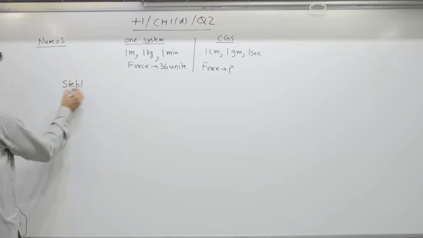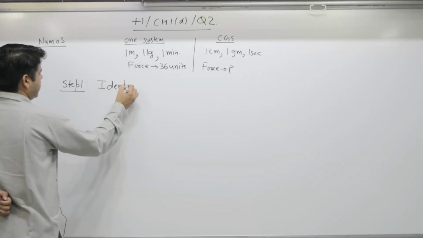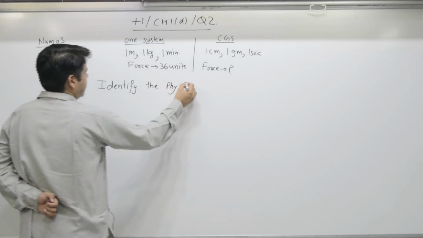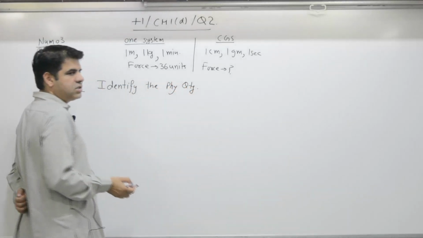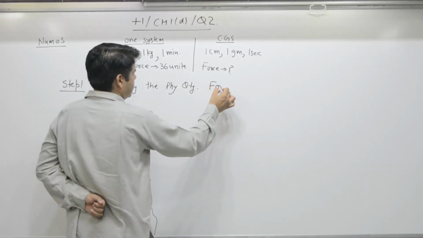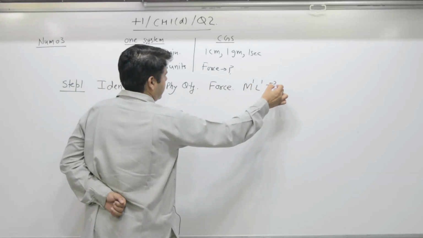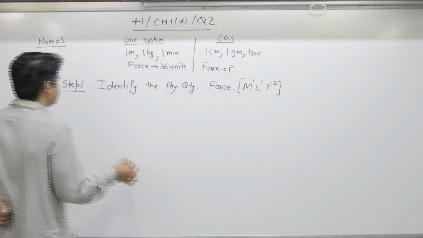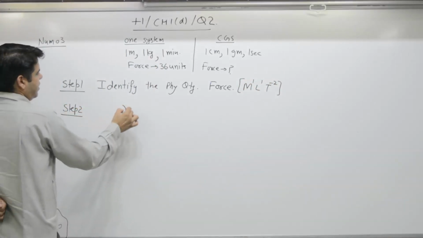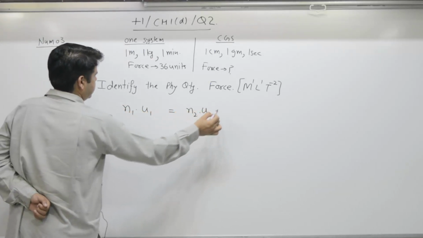Step 1. Help me identify the physical quantity. It was simple because given in the question itself, it is force. Dimensional formula for force. Step 2. N1 U1 is equal to N2 U2.